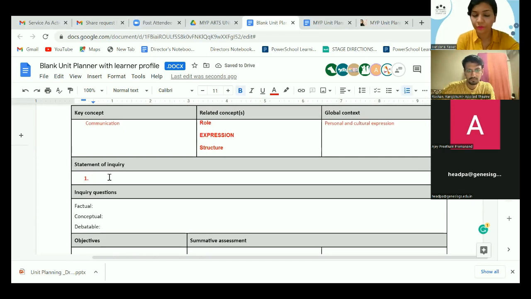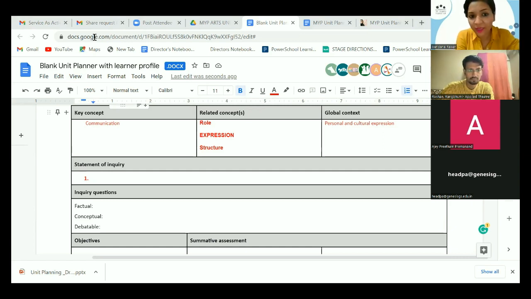SOI is basically an extended form of KC, GC, and RC. But how do you come up with an SOI? I would say a constructive SOI, which is much easier for kids to understand. An SOI should be very simple and very easily understandable by kids. That is where I need more help.